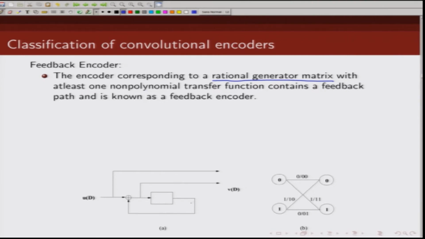Look at this example. From the output, we can see there is a feedback going to the input side, and the generator matrix for this is basically, the first coded bit is nothing but the information bit, so that is 1, and this is basically 1 over 1 plus D.